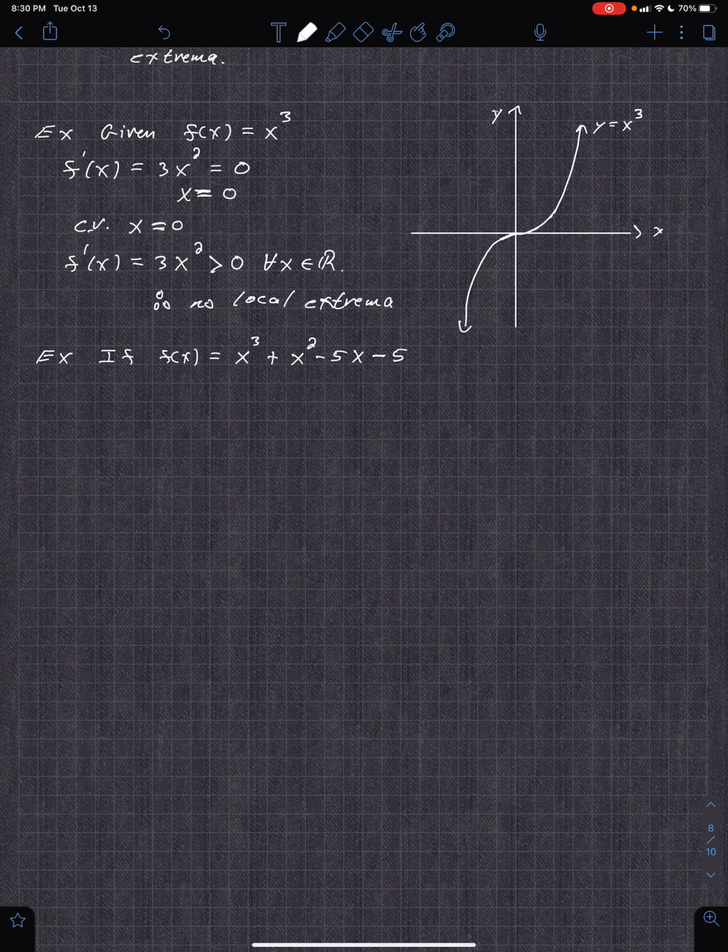What are my directions here? Okay, so if that, then A, find the intervals on which f is increasing, decreasing. So find the intervals of, and I'll start abbreviating a little bit, increasing and decreasing. B, find local extrema of f.